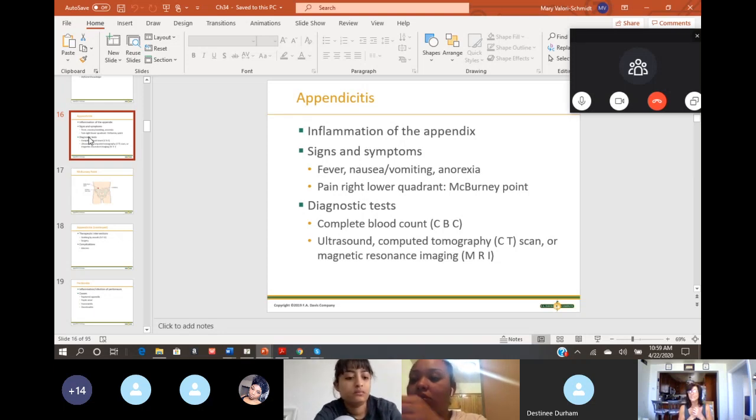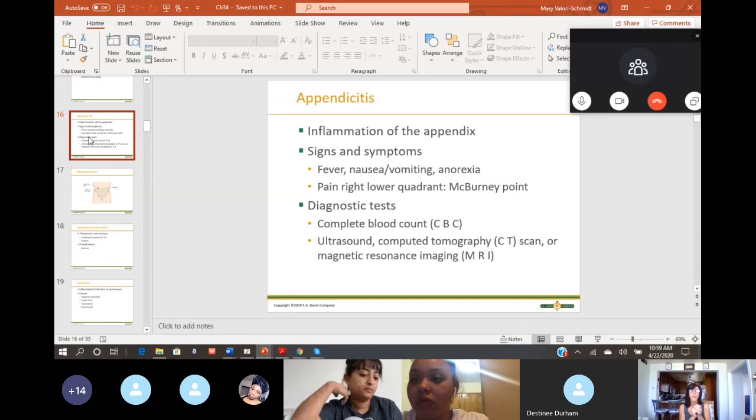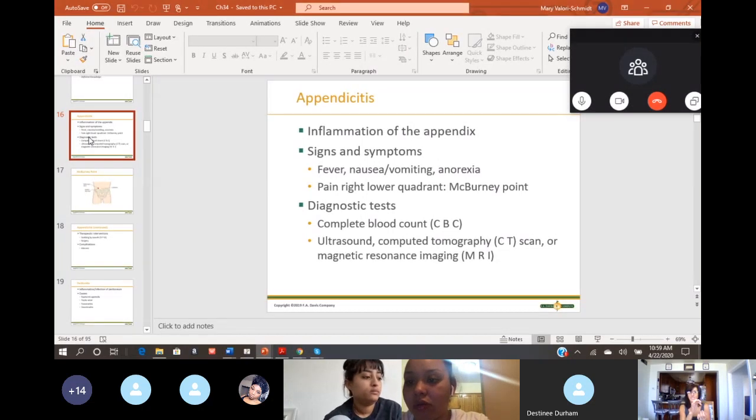But its location is right where the small intestine, the ileum, meets the ascending colon, the large intestine, at the cecum. The problem is that sometimes if it gets irritated, fecal material can get stuck in the appendix. When that happens, the appendix can start to become inflamed, irritated, and the patient can develop appendicitis.